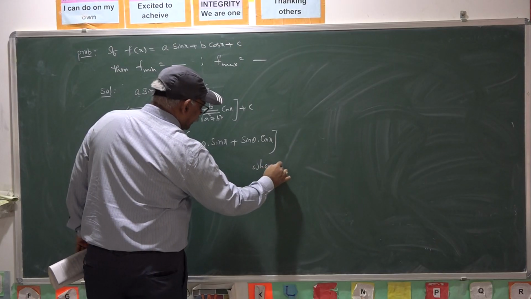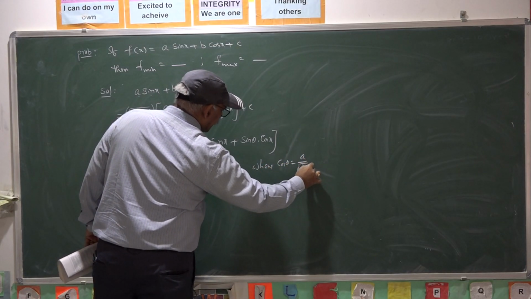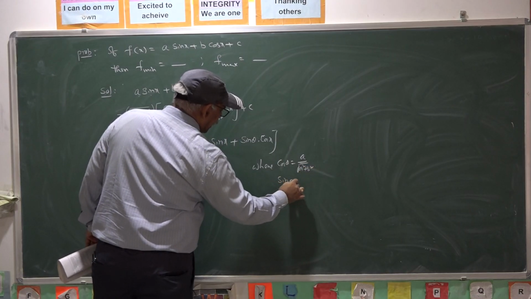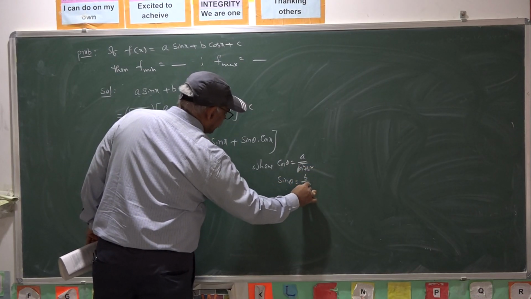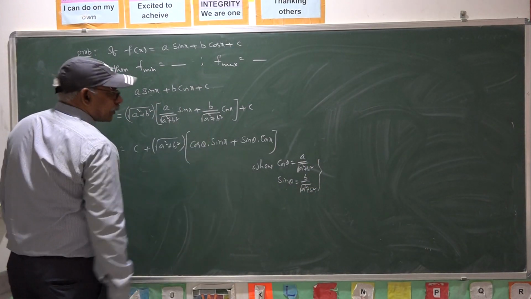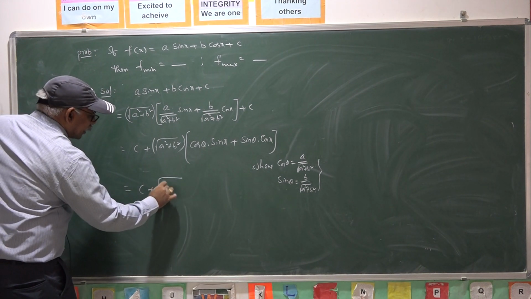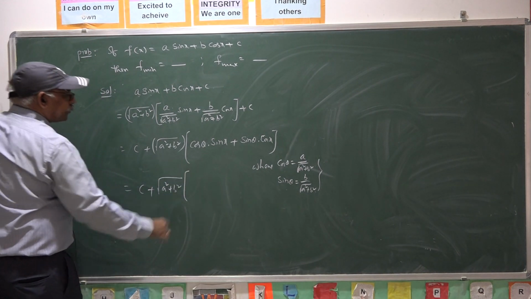We are assuming cos theta as a by root a square plus b square and sin theta as b by root a square plus b square. I am taking this one as cos and this one as sine. That gives us c plus root over a square plus b square into.